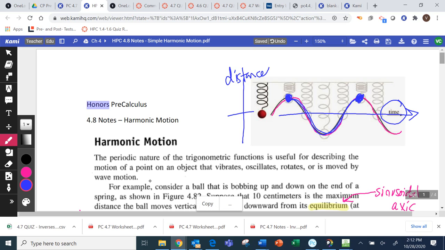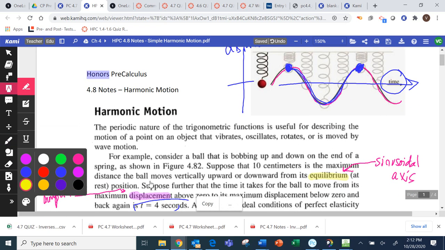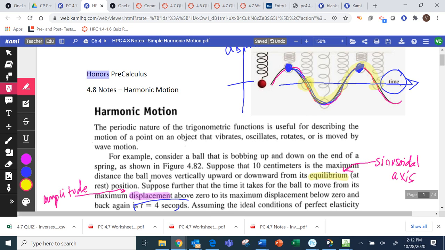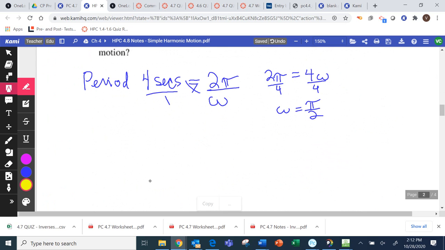But if I look at it differently, and use a highlighter color, if I looked at it maybe from here to here, then that would be a sine function. It's still the same function, regardless. So it depends where you're kind of starting. For this one, I'm going to make it a sine function.